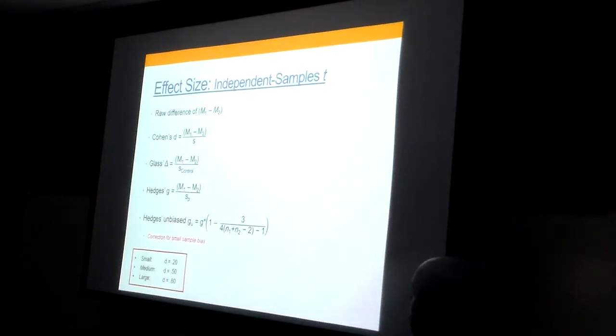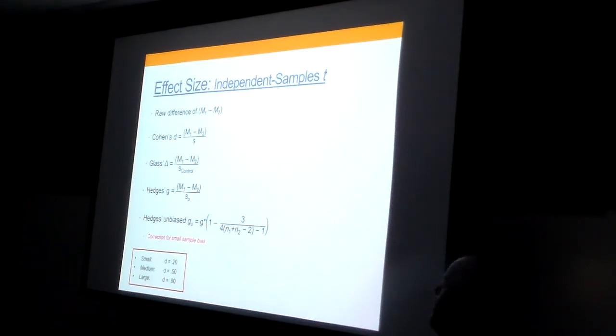Okay. Talk about effect sizes, and then we'll let you guys take a break. When we get into our independent sample t-test, there's a number of different effect sizes we can use, and it's going to be up to you to think about, what am I trying to do? What are the characteristics of my data? Based on those two questions, which one of these effect sizes is going to be the best to use? Okay?